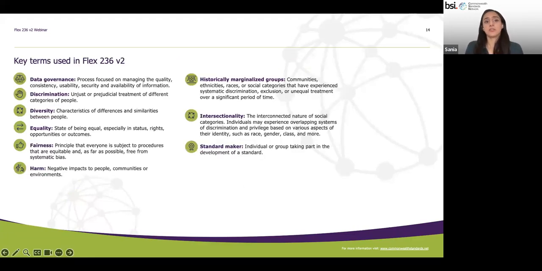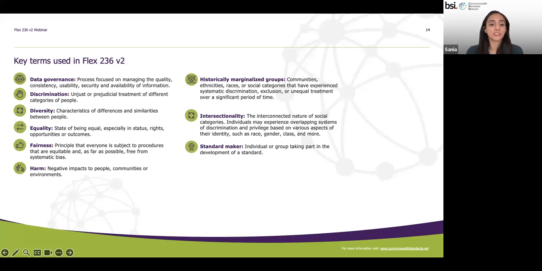So some key terms that are used within this are the following. So we've got a range of different ones that can be incorporated that are in the Flex. So we'll read through these. So data governance, which is the process focusing on managing the quality, consistency, usability, security, and availability of information. Discrimination, which is defined as unjust or prejudicial treatment of different categories of people.